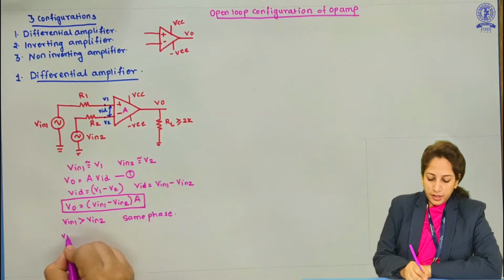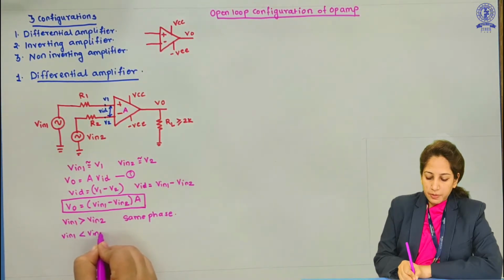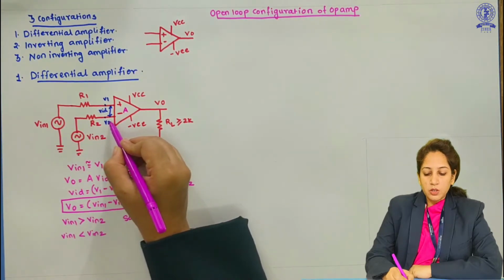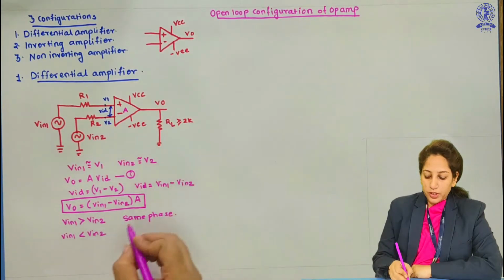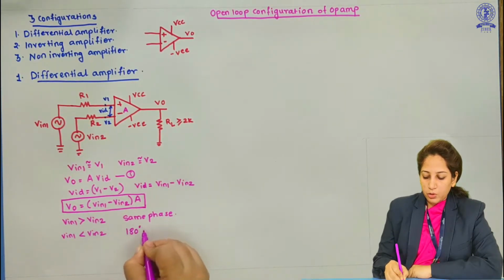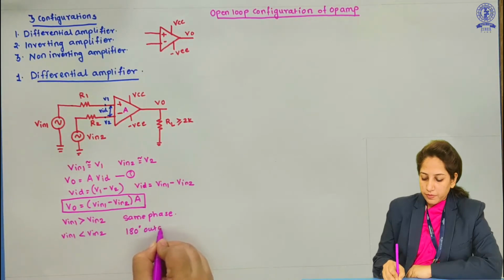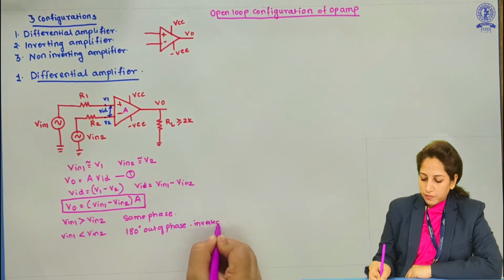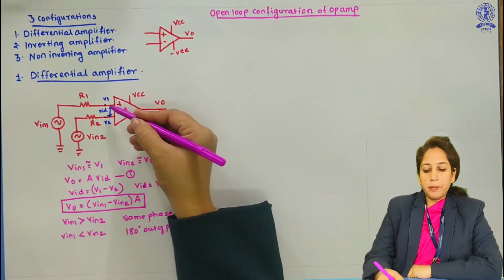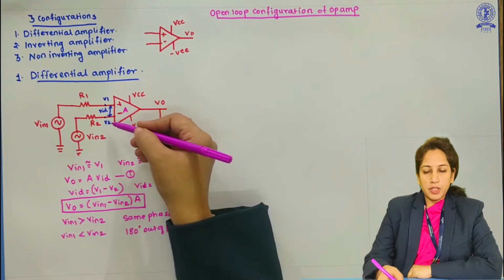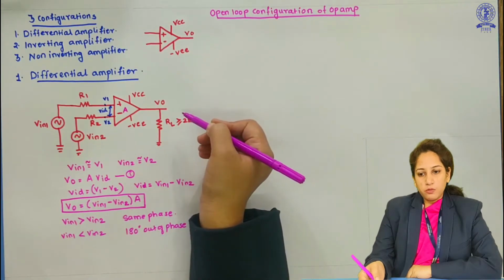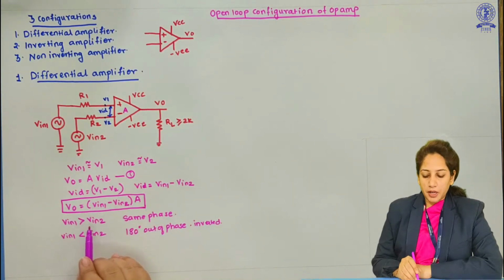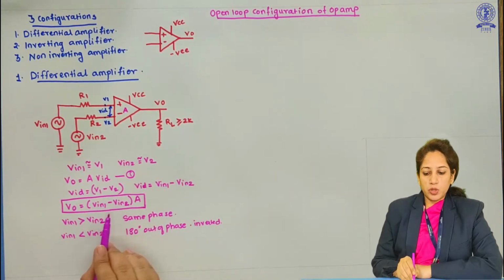And if my Vin1 is less than Vin2, that means the voltage on the other terminal, Vin2, is more. At that time my output voltage will be 180 degrees out of phase, or inverted. So depending upon the voltage on both terminals, my output voltage will be amplified, and its phase or polarity will depend upon the input which we are applying on these two terminals.